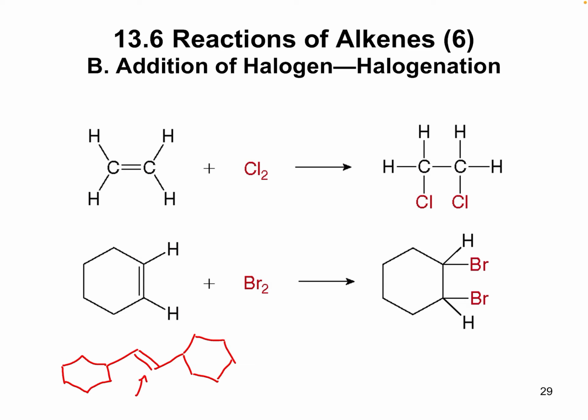So notice that right in the middle is a carbon-carbon double bond. What if we added H2 and platinum to that big, big molecule? Notice that those are the conditions that would result in hydrogenation.